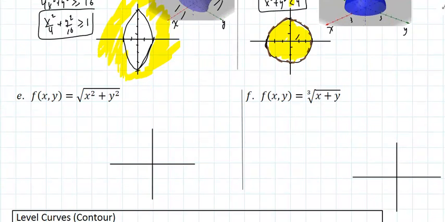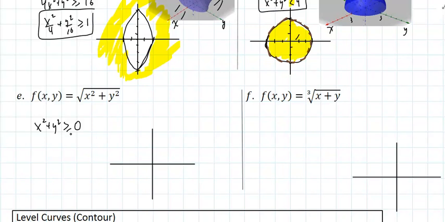Next problem up. If I look at this and say, what's the domain? Well, this is a radical. X squared plus Y squared must be bigger than or equal to 0. And what does that mean? Let me think really quick. Okay. X squared plus Y squared are bigger than or equal.